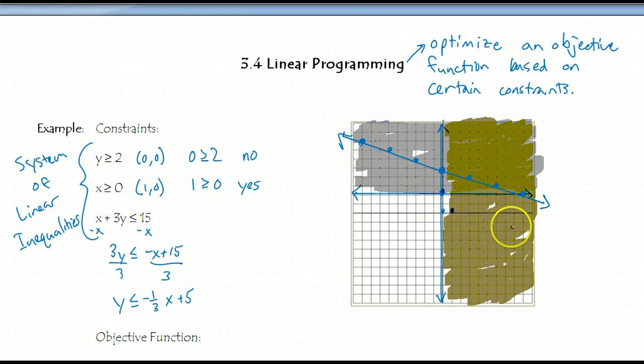And again, I want to test a point not on this line, so I'm going to test the point 0, 0. When I plug 0 in for x and 0 in for y, I end up with y is less than or equal to 5, and that is a true inequality, so I want to shade to include 0, 0.